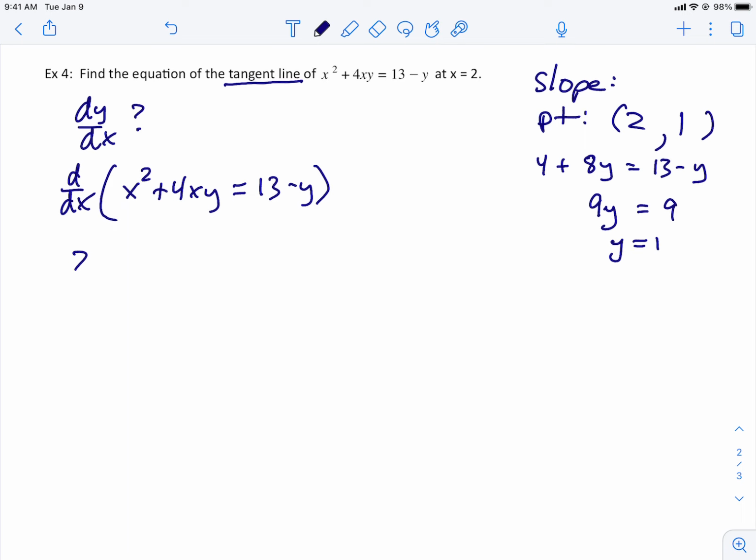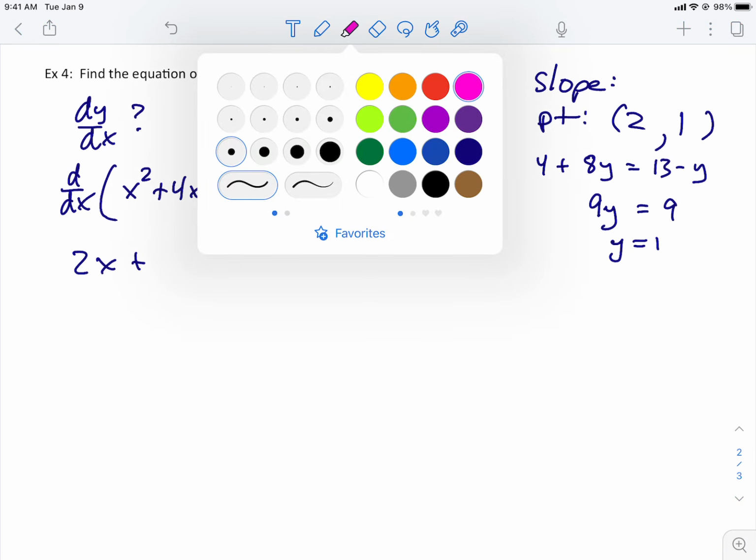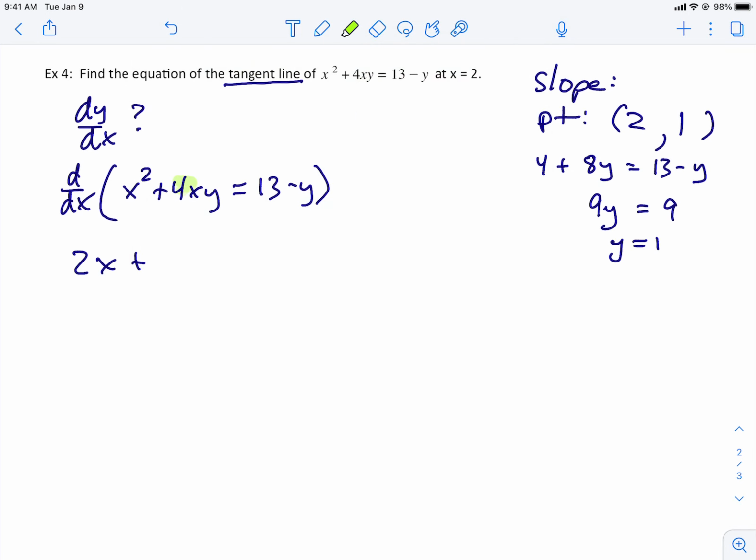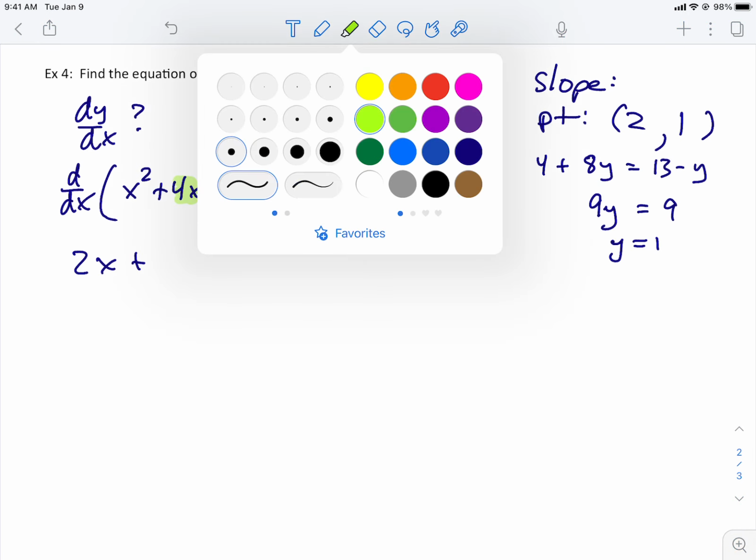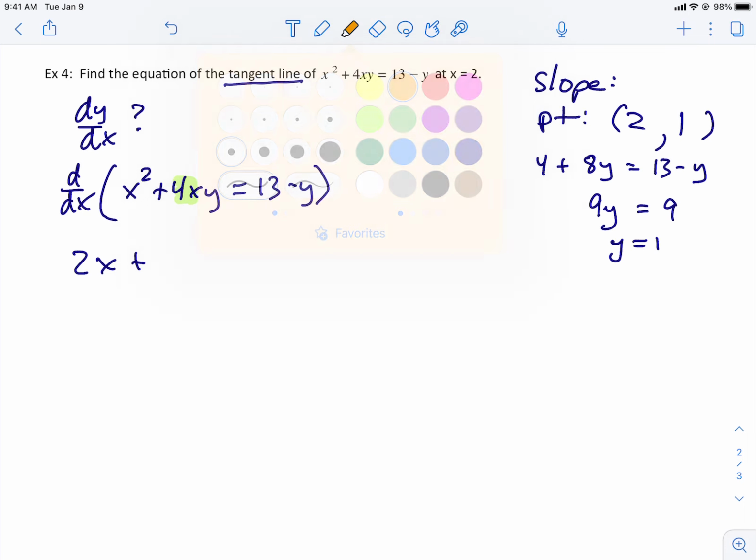And that's going to be 2x plus, and just like before, we have another product of functions. Okay, so we're going to have to use the product rule and remember to attach a dy dx whenever we have a y.